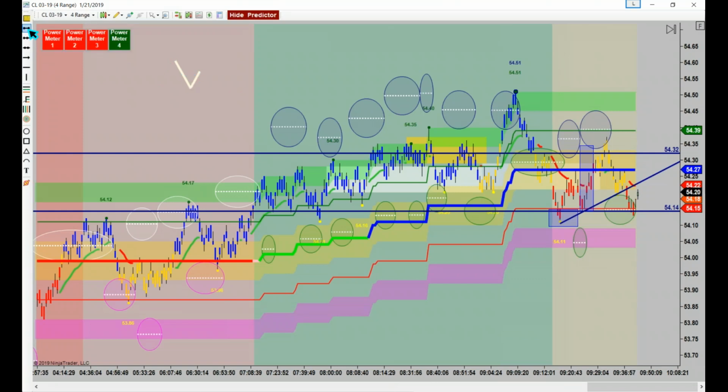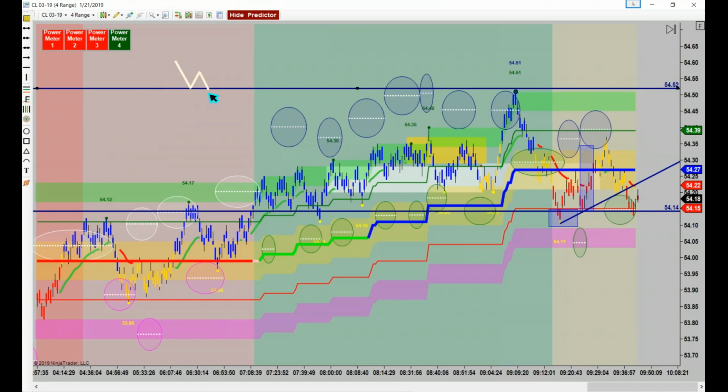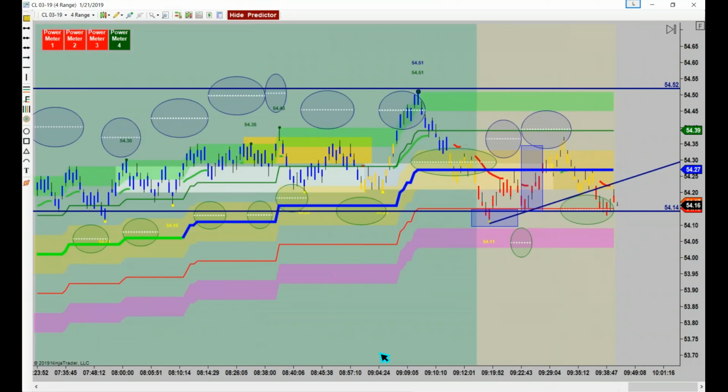And then you'll get a C that'll just barely take out the low, like a tick, and then they'll head back up. That's an ABC type. But a Gartley would be more like this. And you're actually doing more of an ABC Gartley. And that's basically kind of what this did here.